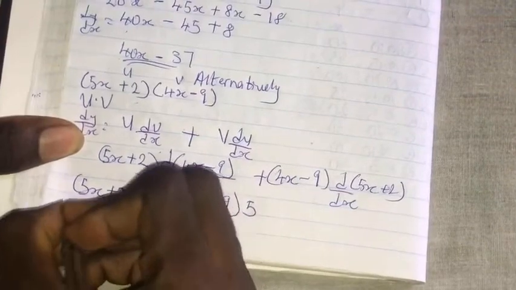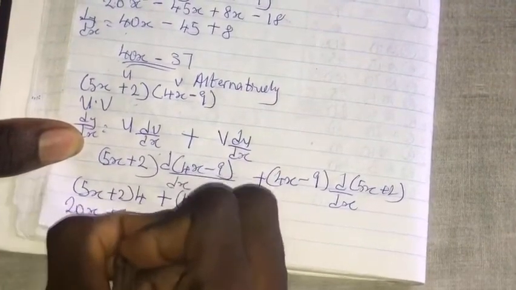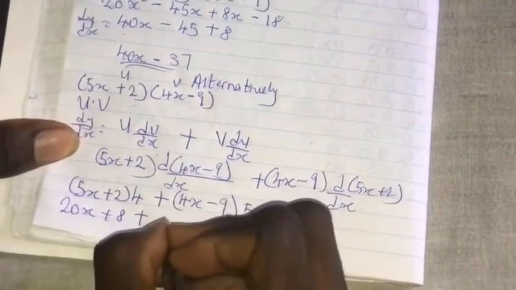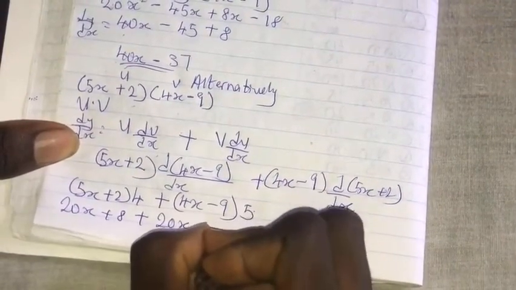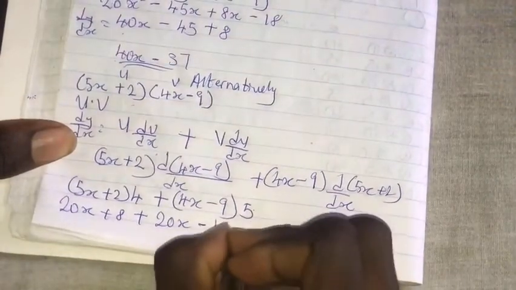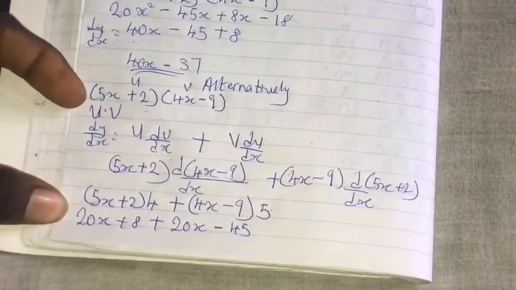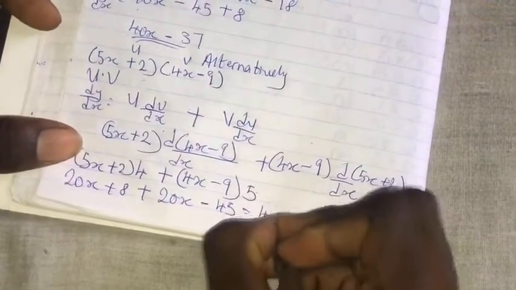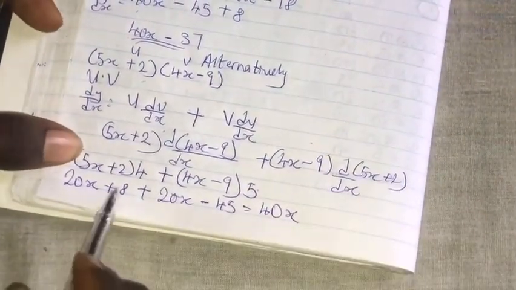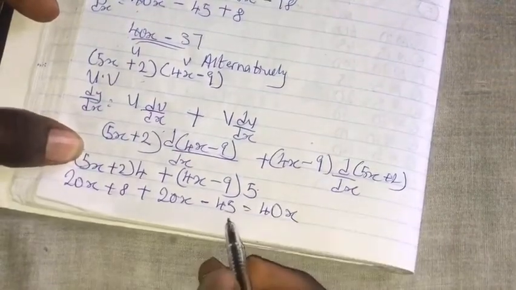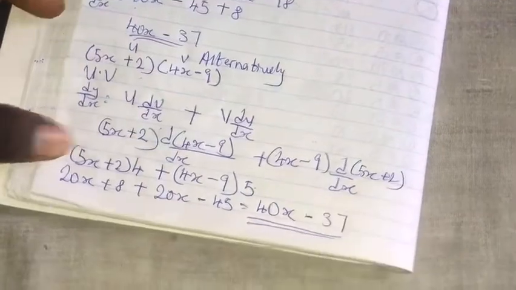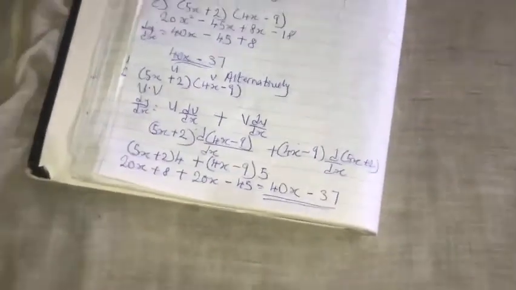Therefore, your answer is what? 20x plus 8 plus 20x minus 45, which will give us the same thing. 20x plus 20x is equal to 40x. Then 8 minus 45 will give you minus 37. As you can see, it gives us the same answer accurately.